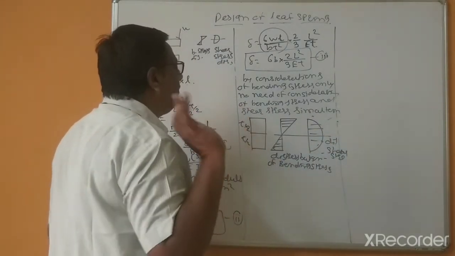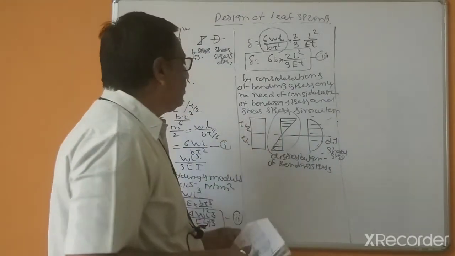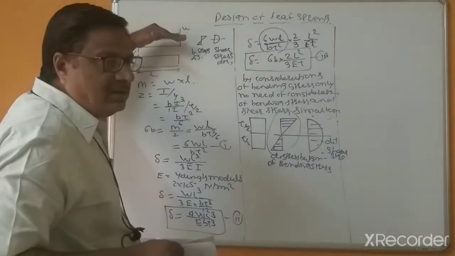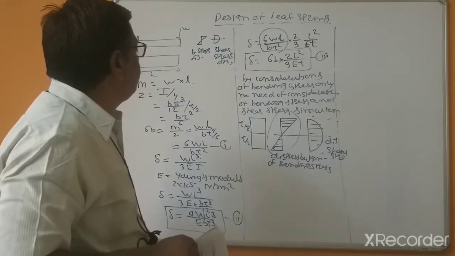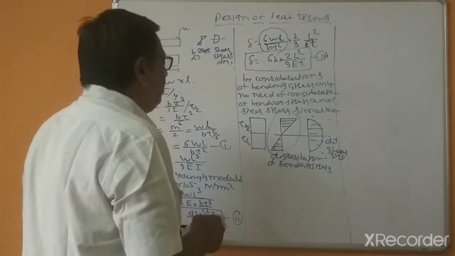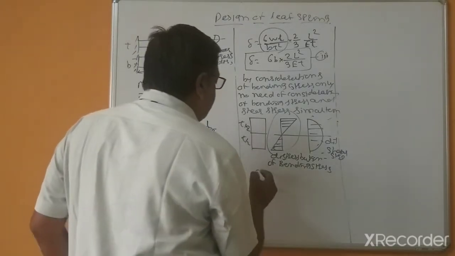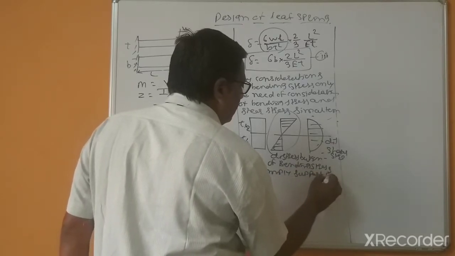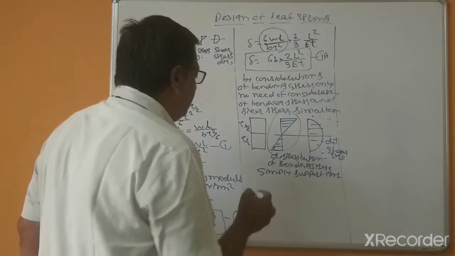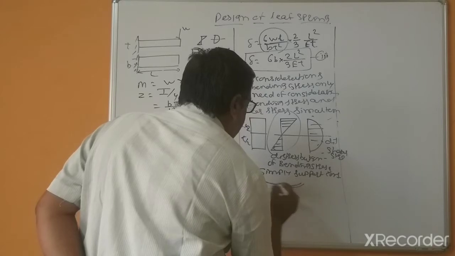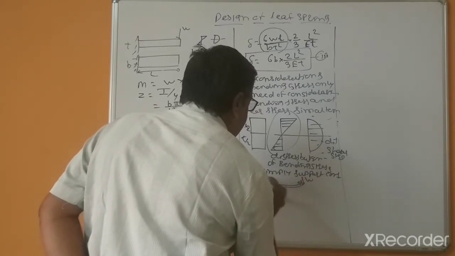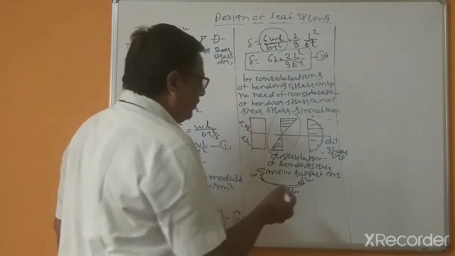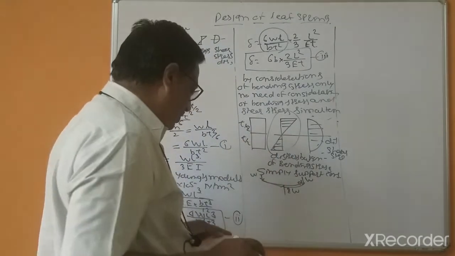So that's why we are considering only the bending stress, because at the extreme upper fibers tensile stress is induced, and at the bottom there is compressive stress, and at the middle we consider minimum stress. So now for the simply supported construction, with such a type of load, this is W, and from the bottom to W. That we studied in the construction of leaf springs.